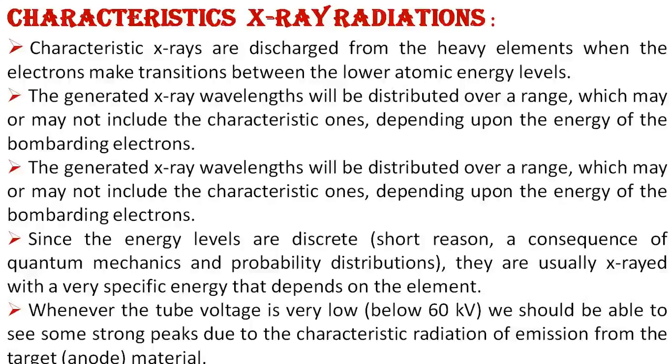Since the energy levels are discrete, a consequence of quantum mechanics or probability distribution, they are usually X-rayed with a very specific energy that depends on the element. Whenever the tube voltage is very low, below 60 kV, we should be able to see some strong peaks due to the characteristic radiation emission from the target, that is, the anode material.